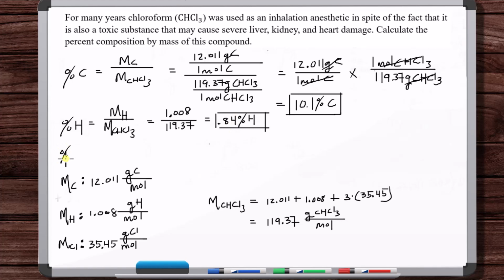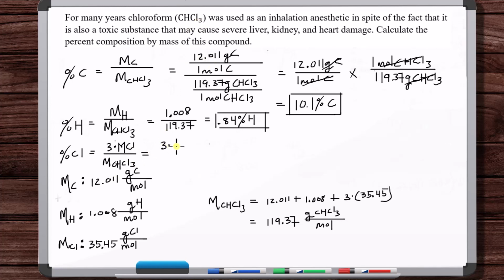Okay, so now the percent chlorine. All right, but we want to take 3 times the molar mass of chlorine. Right? There's 3.